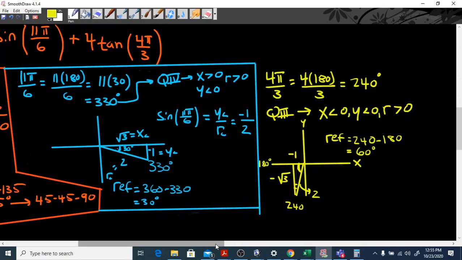Now the tangent is the y component over the x component. And the y component is negative square root of 3. The x component, negative 1. Which gives me just regular positive square root of 3.